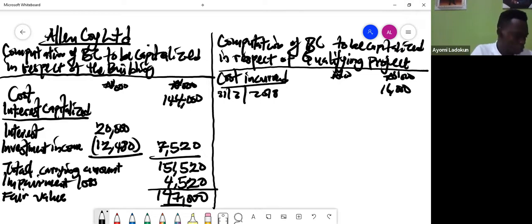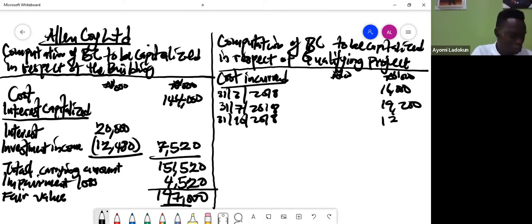Then we have 31st July 2018, which should be 19.2. I'm just lifting the cost. Then on 31st October 2018, we also incurred 12,600.